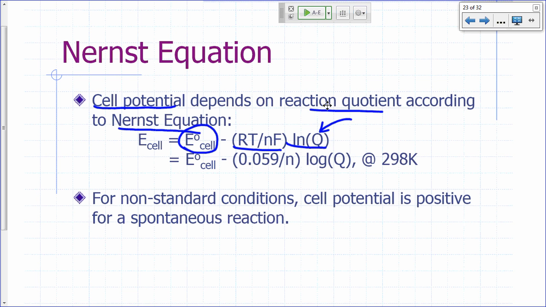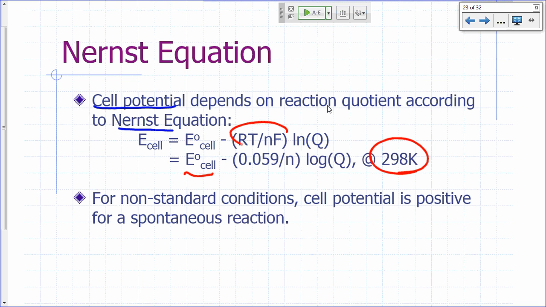At room temperature, which is 298 Kelvin, if you take the base 10 log instead of the natural log, this expression becomes 0.059 over n. So that's called your Nernst equation.